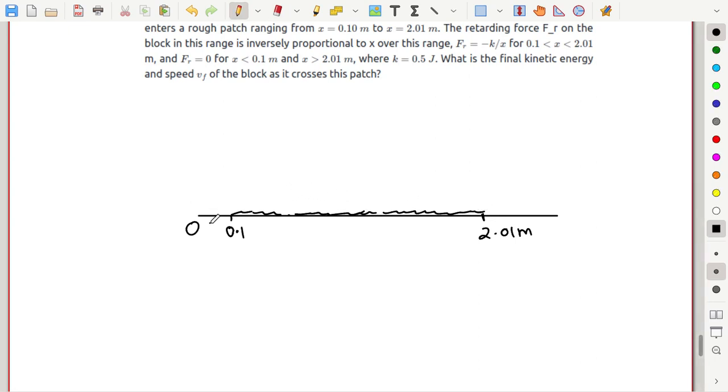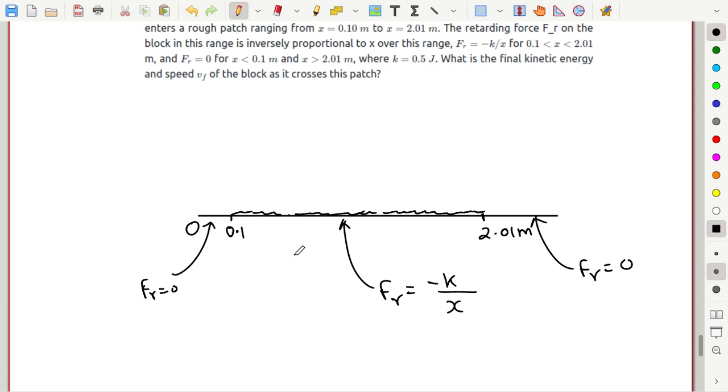So before this region Fr equals 0, and after this region also Fr equals 0, but in this region Fr is given by minus k by x, inversely proportional to the displacement. The displacement is between this point and this point.